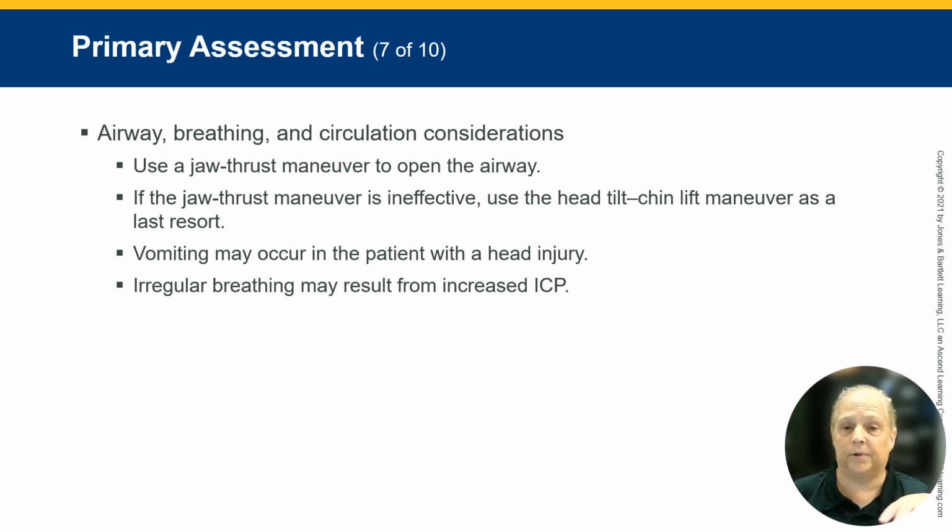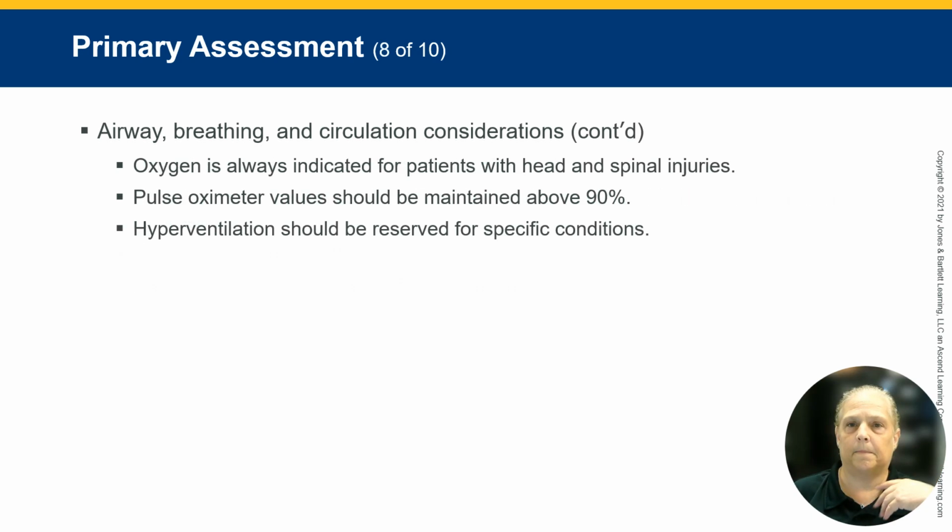Look for irregular breathing patterns such as your Cheyne-Stokes or your Biot's ataxic to try and determine if there is increased pressure on their brain. Oxygen for these patients, you need to keep it above 90%.